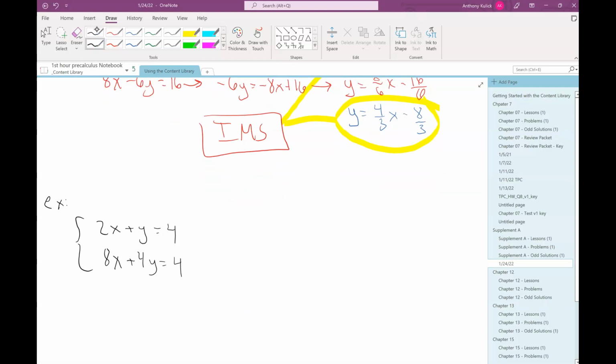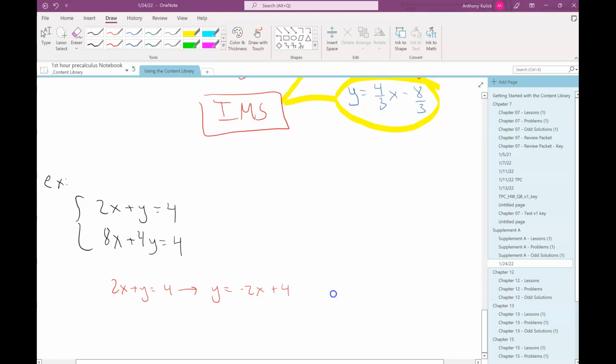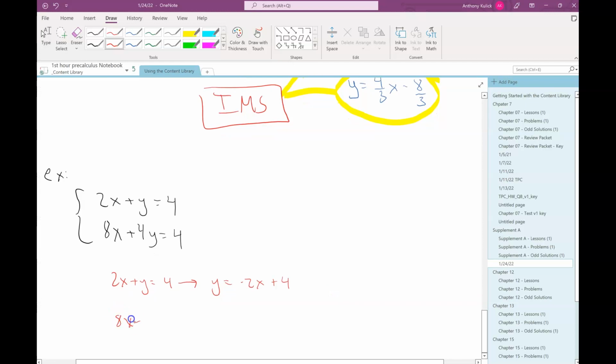So again, I would start by just taking each equation and rearranging things so that you are in slope-intercept form. That means really just getting the y by itself.